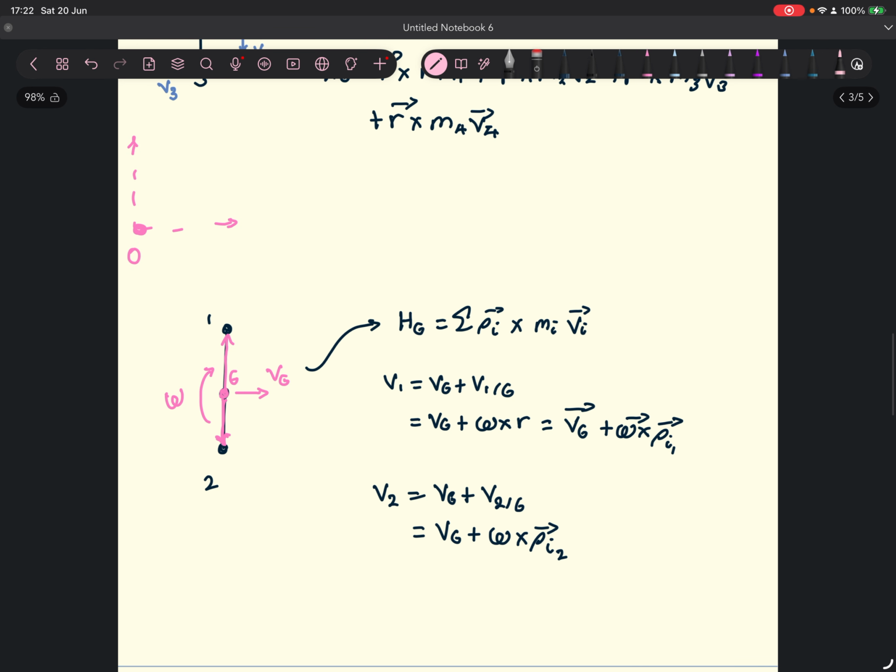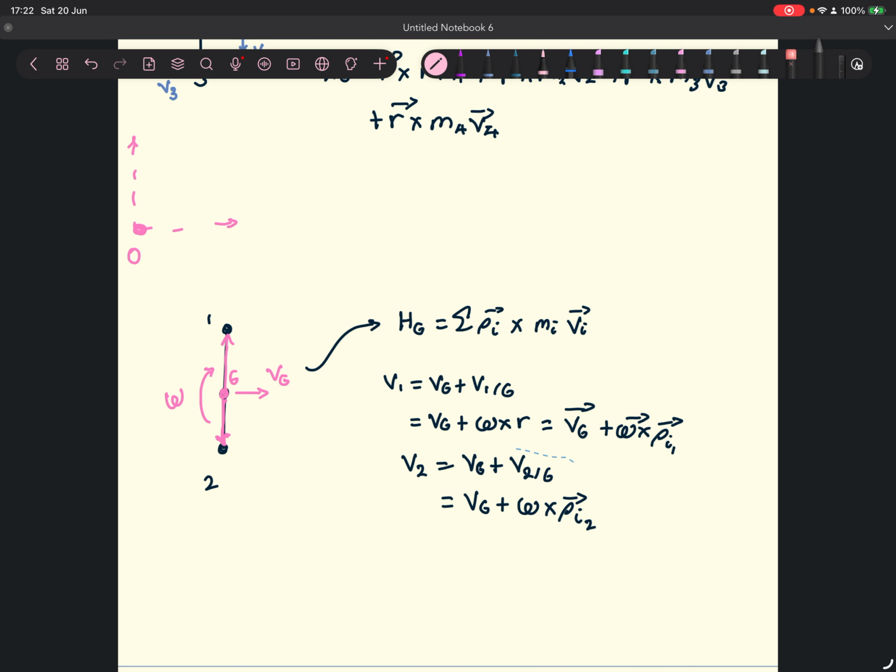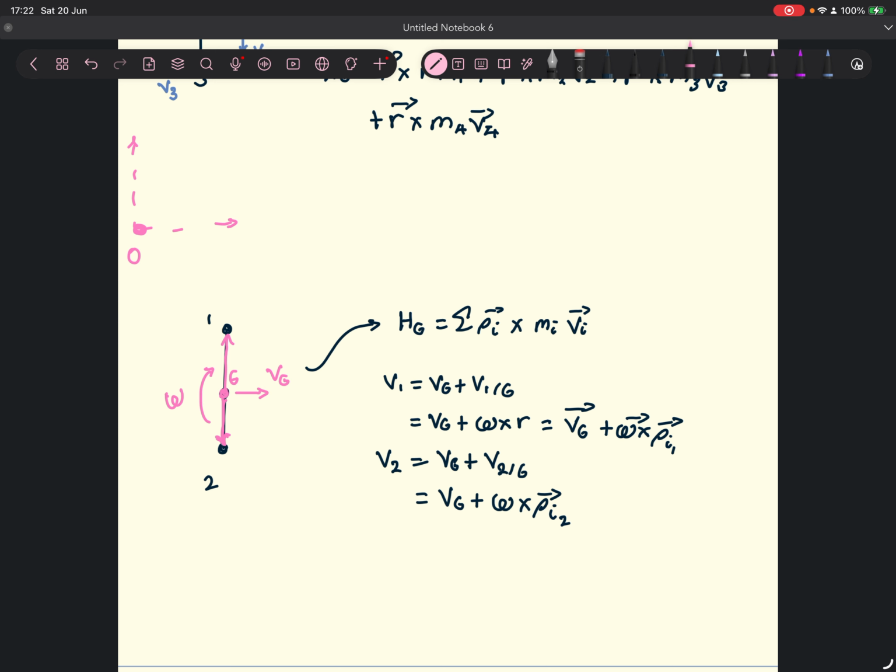If we wanted to use the other equation, the relative equation, all we need to do is find the velocity of each particle relative to G, right? So for particle 1, we need V1 relative to G. And we know that from chapter 5, we can break this down into omega crossed with R, right? As we did here and here. So this will just simplify to omega crossed with rho 1.